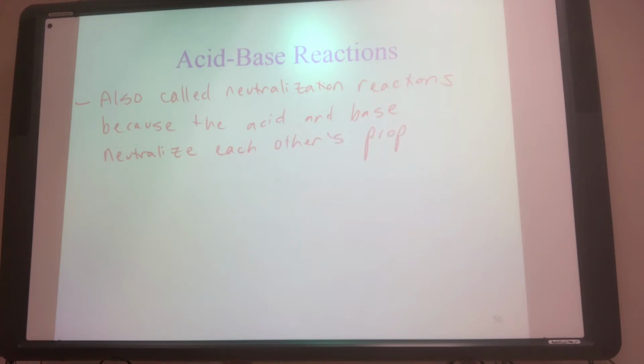So they're going to kind of cancel each other out, is what this means. So when an acid and a base react, it's a neutralization reaction because they kind of cancel each other out. So here's an example of an acid-base neutralization reaction.